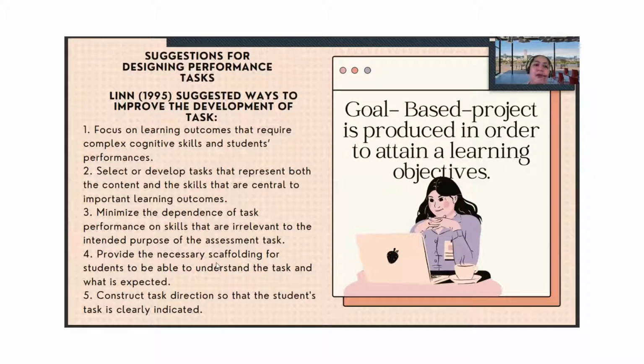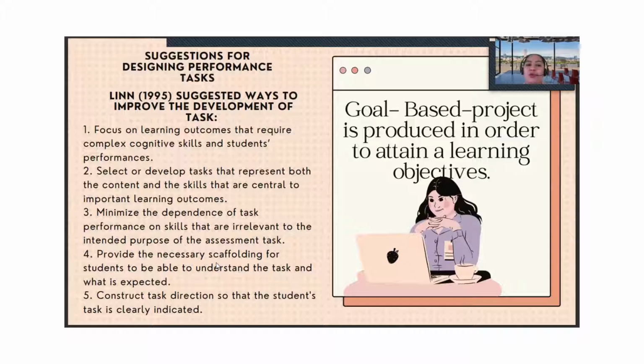For example, the first step is to focus on learning outcomes that require complex cognitive skills and student performance. You should create a task that will measure the competencies that you want to get from the student. The task can't be very far from the competencies you want to get from the students, because there would be no connection.